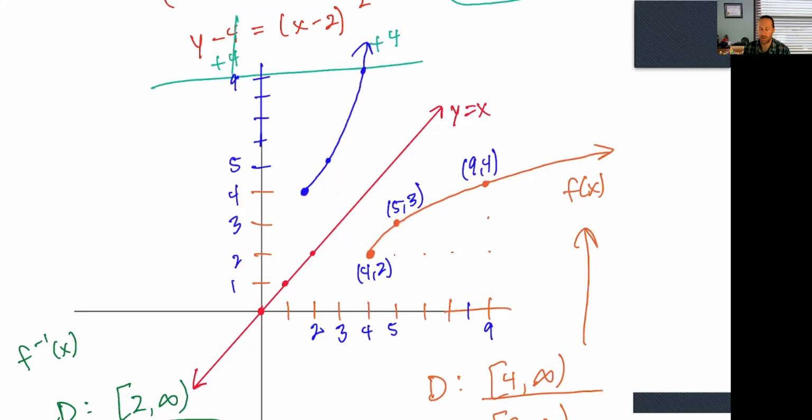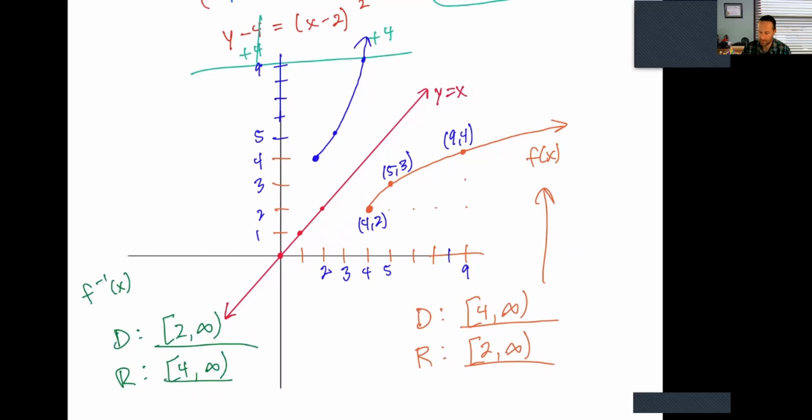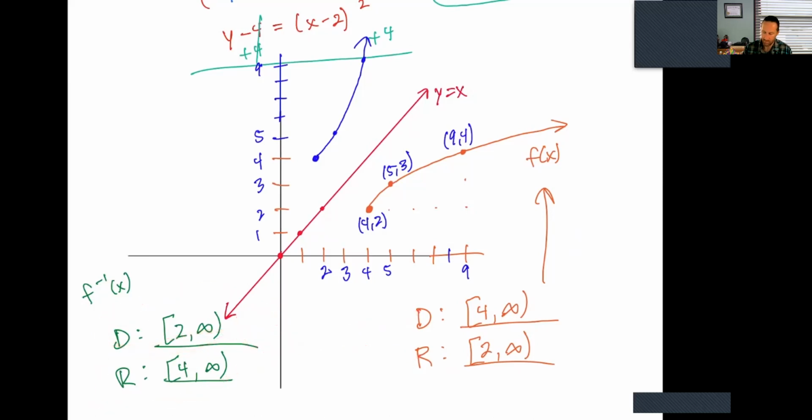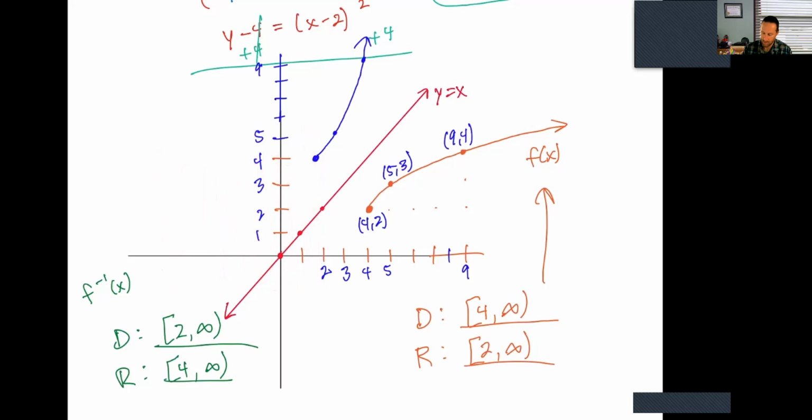But again, notice we already had said that we would be able to know the domain and range of it. The domain we said should be the range, and the range should be the domain of the original. Well, if you look, let's make sure, when do I start hitting the x's in my other one? Not until 2 and everything to the right eventually.